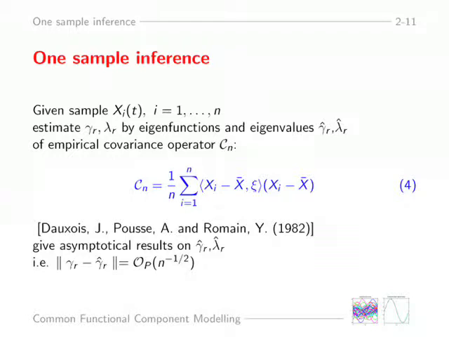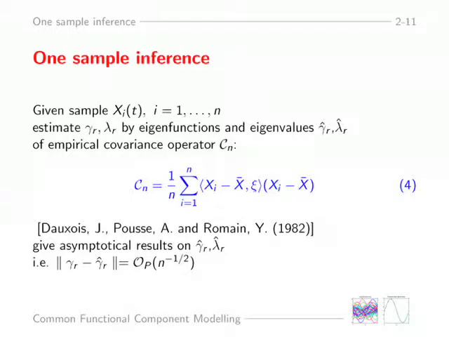And if now you knew the curves xi, true curves, then of course you could in principle construct the empirical covariance operator. It was a gamma before, now it's a c. Of course here this thing is always the same, this integral, the inner product, the integral of x minus x bar times c. And there, of course, there are already some literature about it.